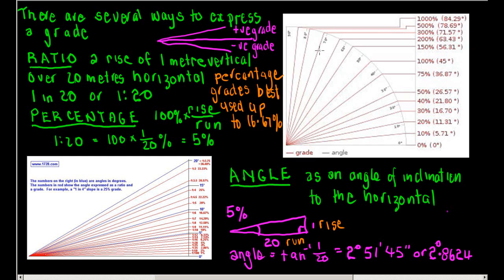The angle is an angle of inclination to the horizontal. Pretty easy, because rise over run, the ratio, is the tangent of the angle. So we just go tan to the negative 1 of 1 over 20 in the case of a gradient of 1 in 20, or 5%, and that will give us 2 degrees 51 minutes 45 seconds if that's how you want to express it, or 2.8624 degrees.